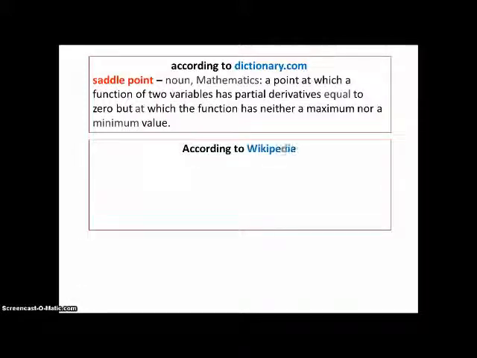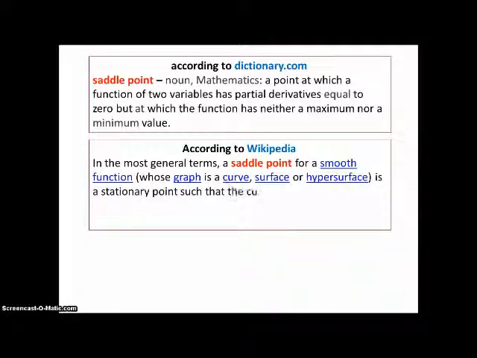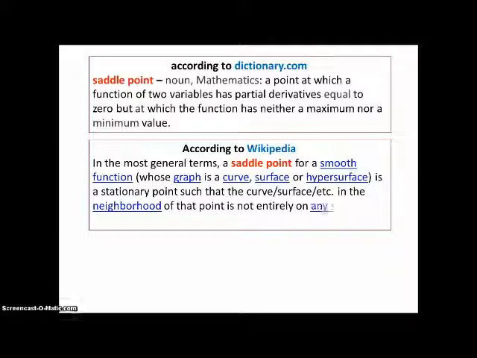According to Wikipedia, in the most general terms, a saddle point for a smooth function whose graph is a curve, a surface, or a hypersurface is a stationary point such that the curve, surface, etc. in the neighborhood of that point is not entirely on any one side of the tangent space, plane, or line at that point. Now, these two definitions are rather general.